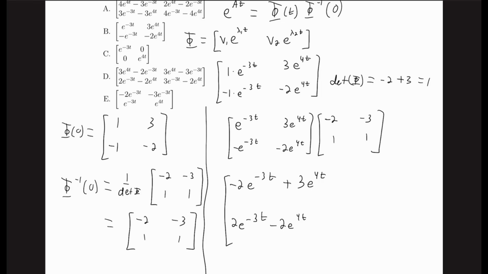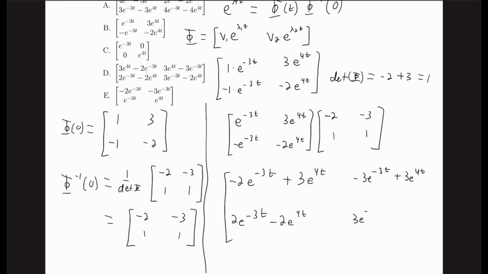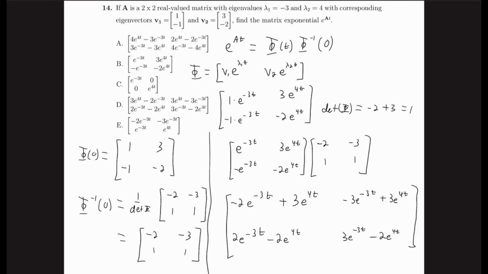And then our first row times our second column gets negative 3e to the negative 3t plus 3e to the 4t. And then our second row times our second column is 3e to the negative 3t minus 2e to the 4t. None of these are like terms, so none of them simplify at all. So let's go ahead and just check these against our answer choices. It's not any of these. And when we compare with our solutions, it looks like this does match answer choice D.